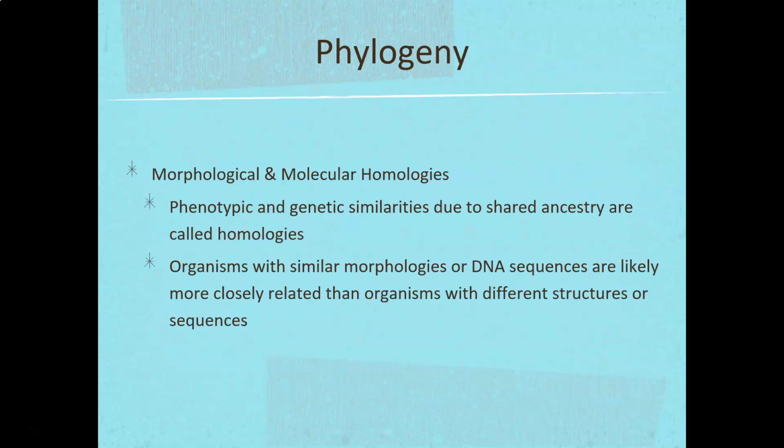So when we look at morphological and molecular homologies, that's what we're using here: those sets of characteristics that are similar between organisms. Do they have them or do they not? Phenotypic and genetic similarities are due to common ancestry. We know that.